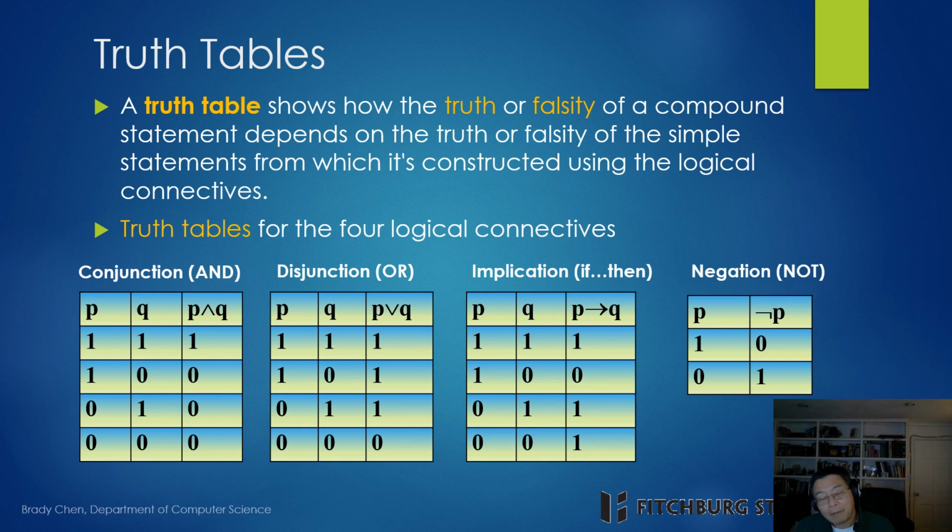So now we have seen an example of how to use two simpler propositions to build a more complicated one.